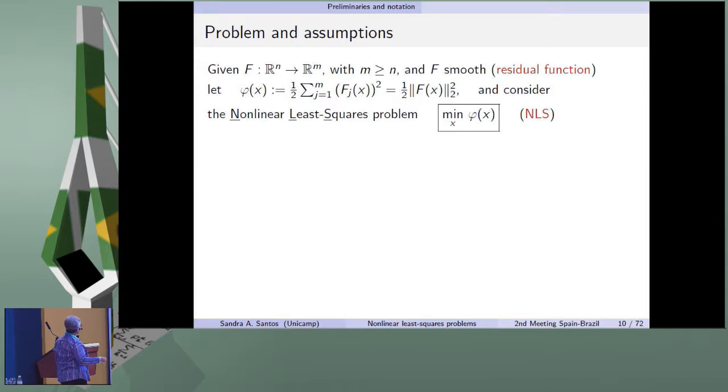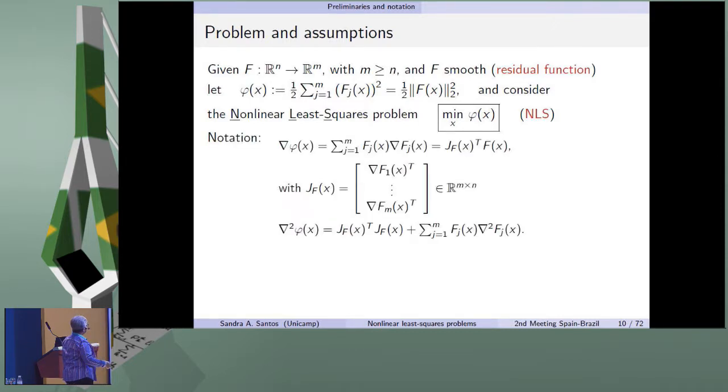We have a vector-valued function, usually with much more components than variables, and this is called our residual function. And we assemble a scalar function by summing the squares of the components of this residual function and consider the minimization of this scalar. This is the nonlinear least squares problem that I'm going to address as NLS.